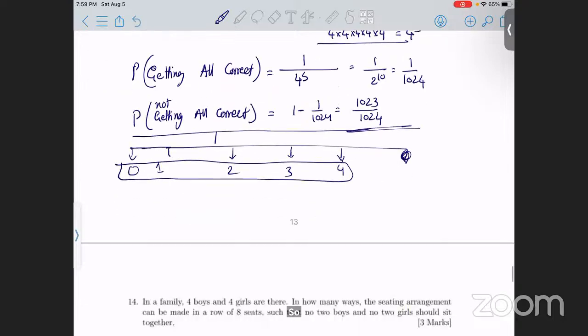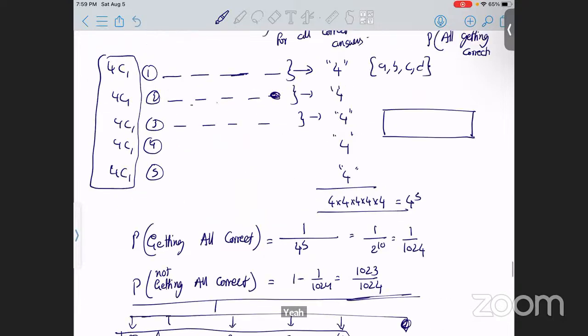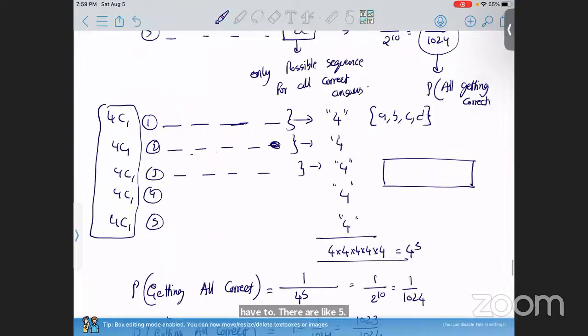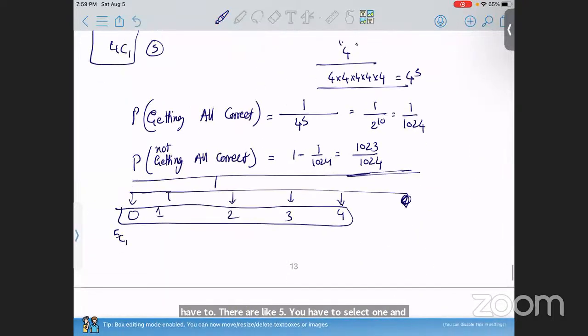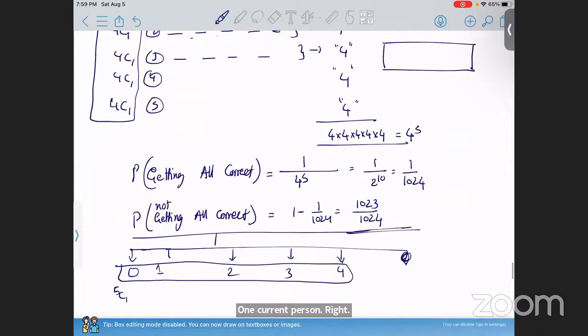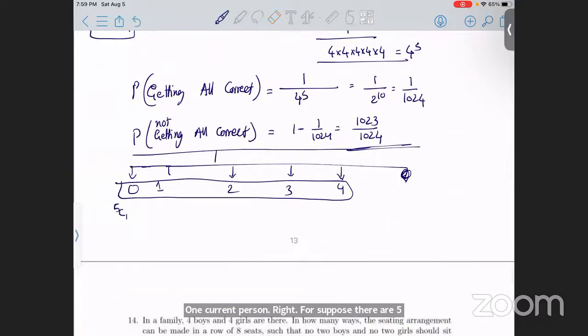It will work, but remember this carefully. You have to arrange also. Look, there are 5 questions, and you have to select 1 correct question, so 5C1.